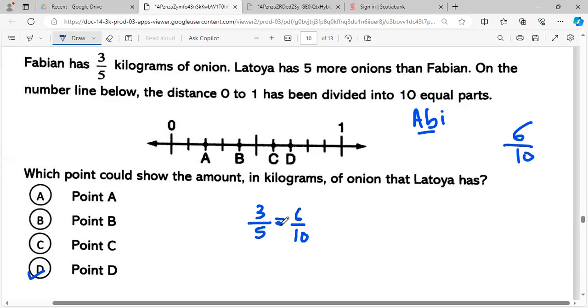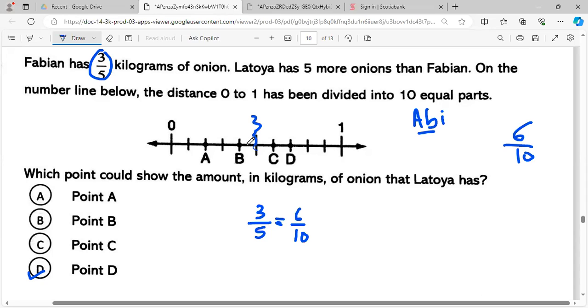All right. So guys, one thing Abby didn't say, but it's correct, it's B. Remember, if it's 3/5, it means that it's greater than half. As a fraction, 3/5 is greater than half. So this point right here is a half.